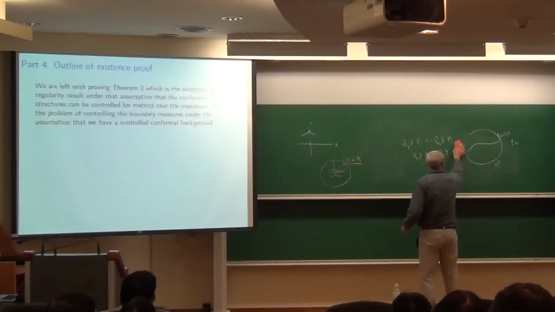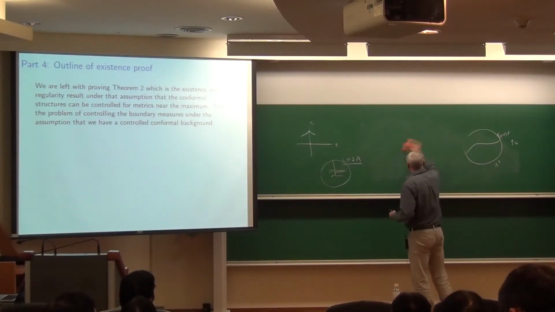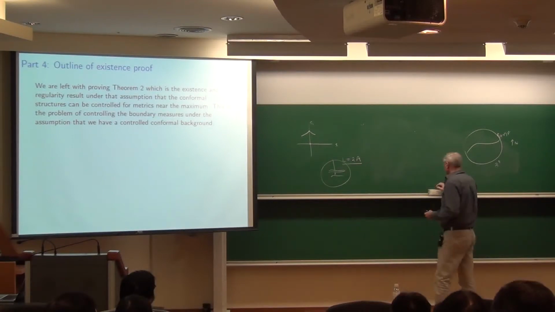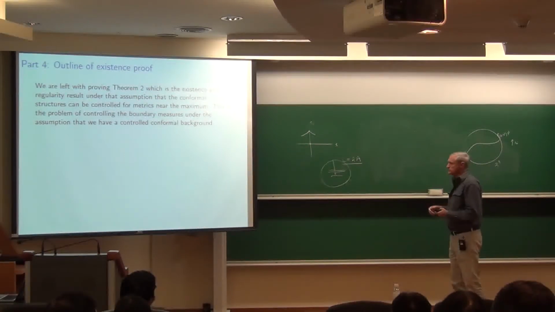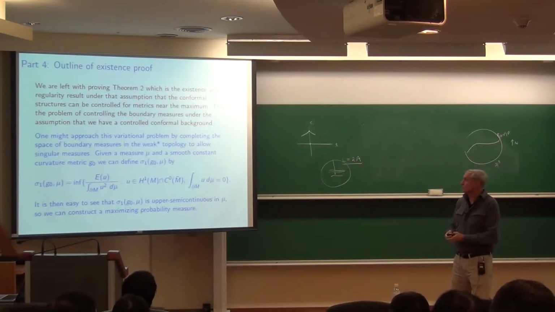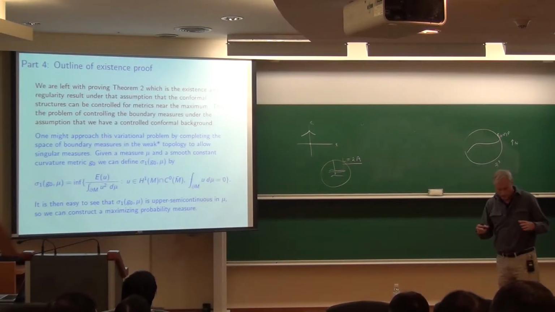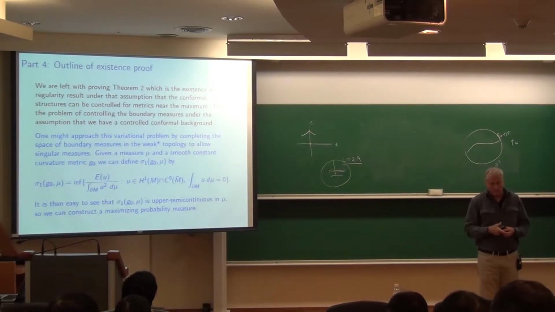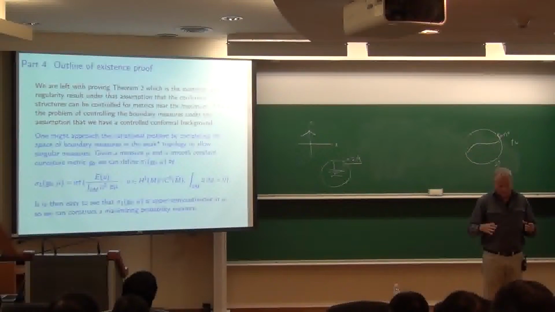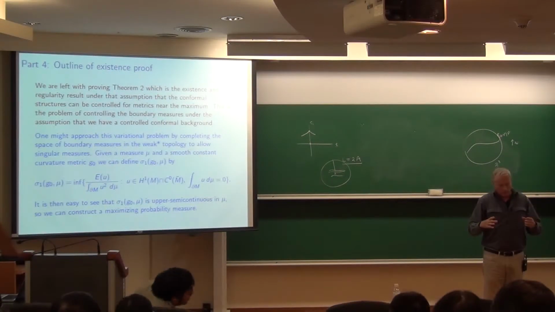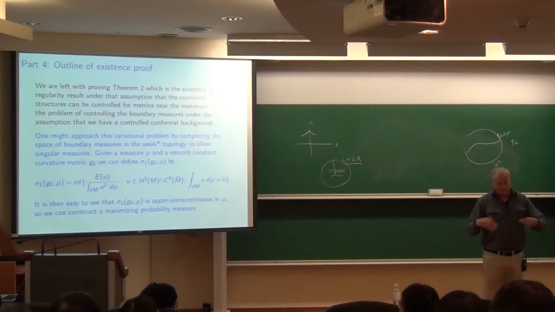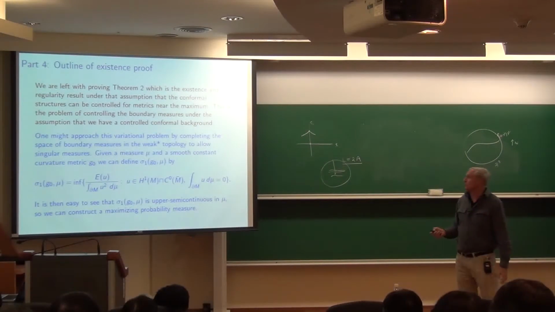Well, we're really trying to construct a metric, which in our case is really a measure on the boundary. So the condition on the boundary length is that its boundary length is 1. And so we can think of the boundary arc length as being a probability measure on the boundary.